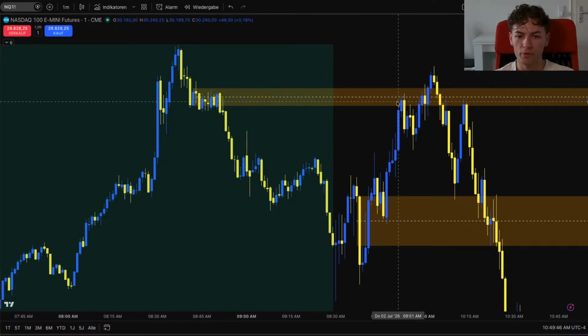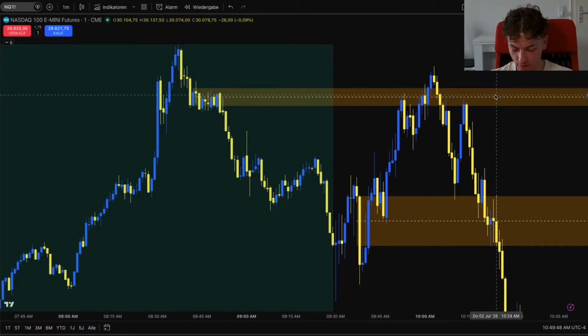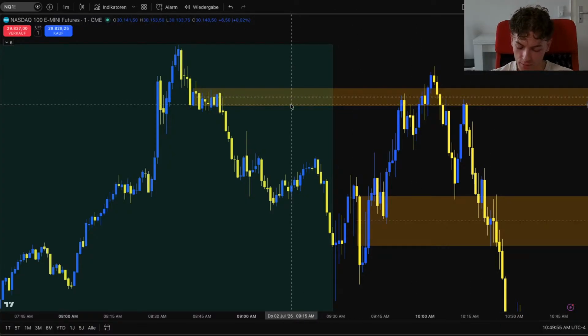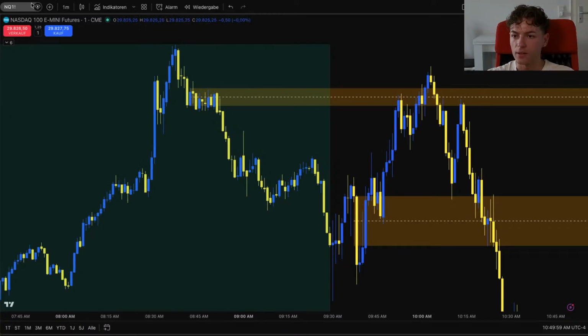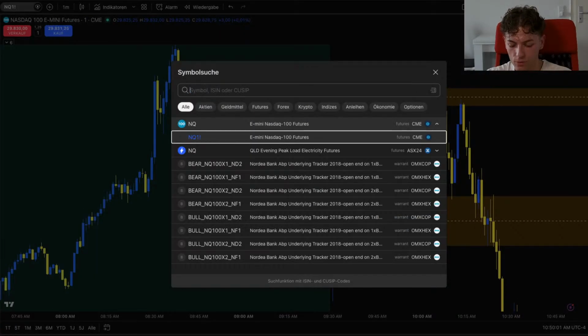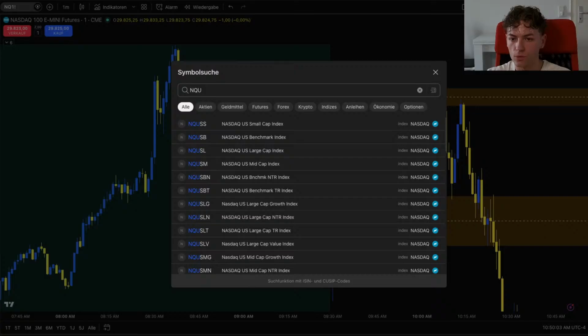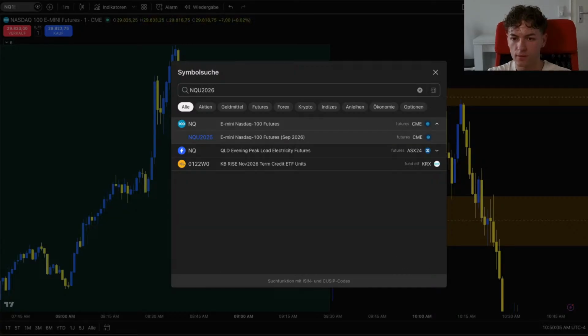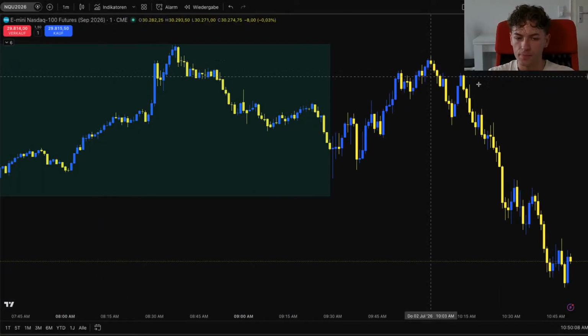And look at how price respected this candle, but why this candle, bro? Maybe because... Okay, no, you know what? It's an NQU 2026.